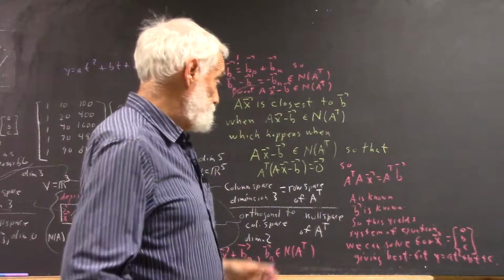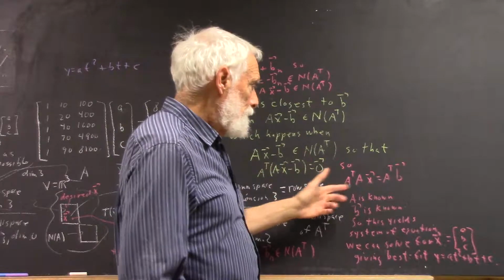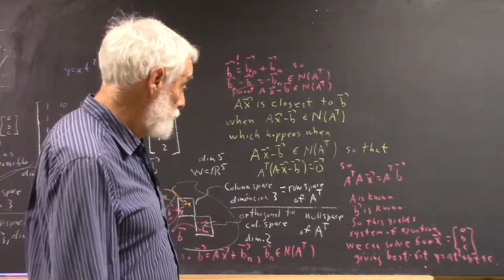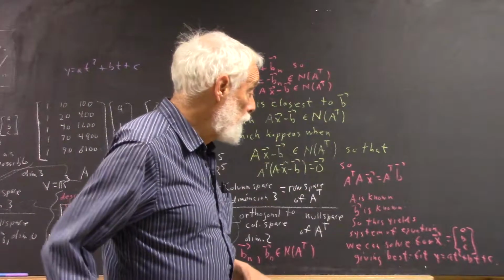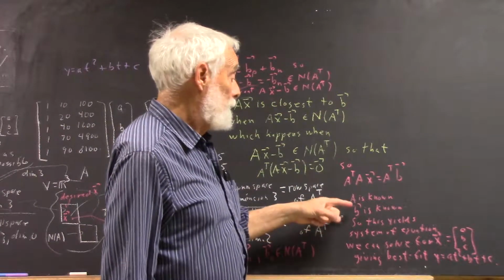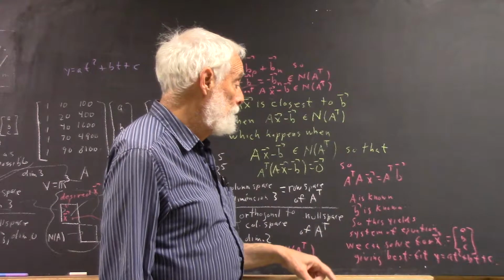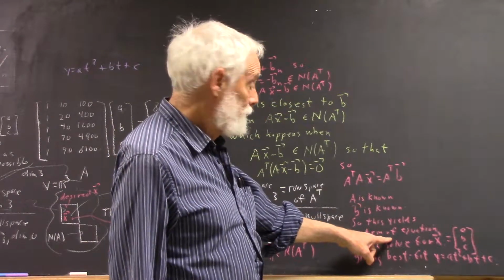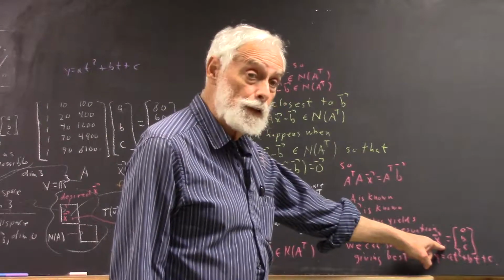So again, this equation is just equivalent to this equation, and that's very straightforward, but make sure you understand why. Again, and I repeat, A is known, B is known, so this yields a system of equations that we can easily solve for X.